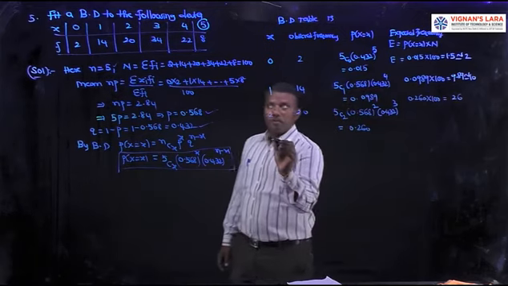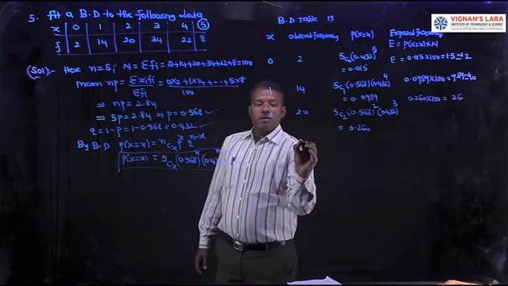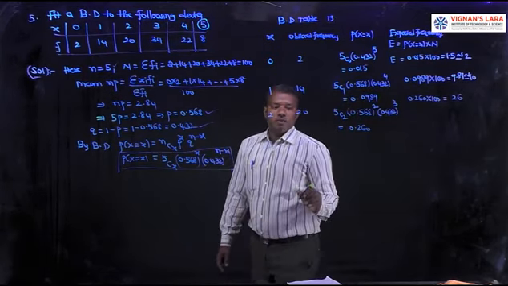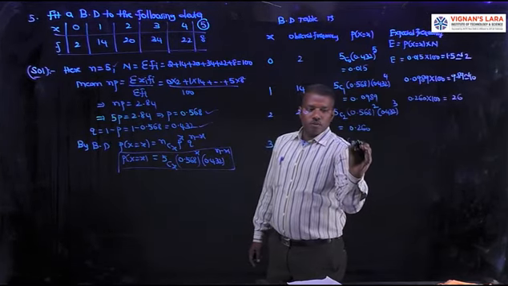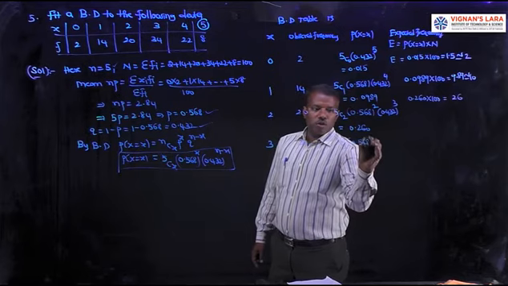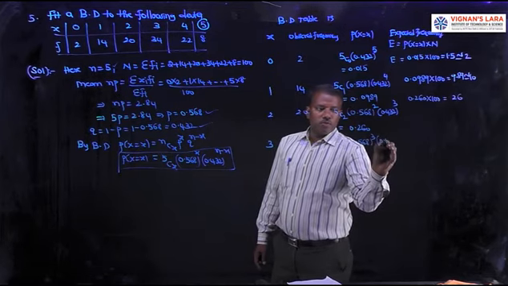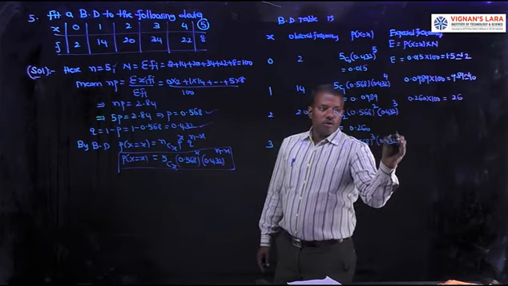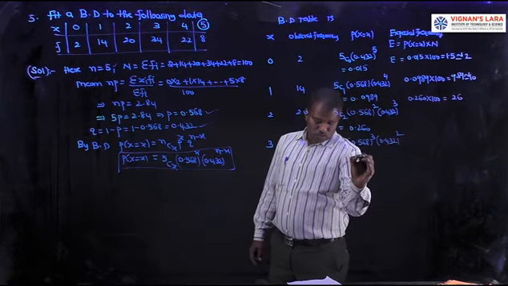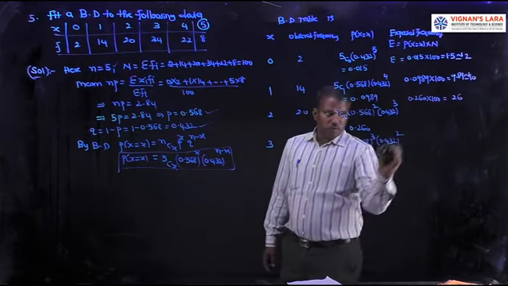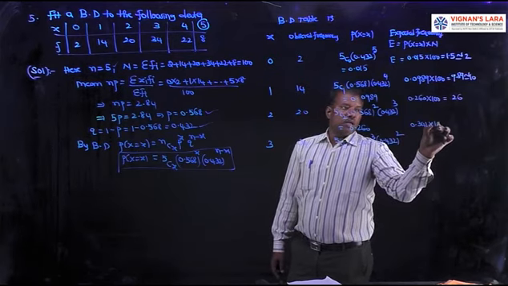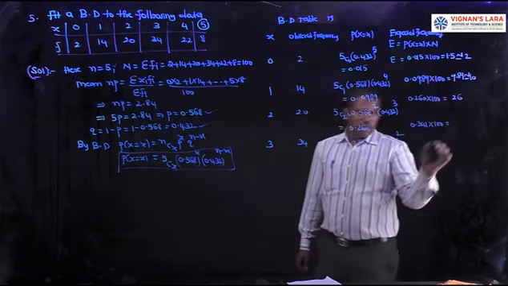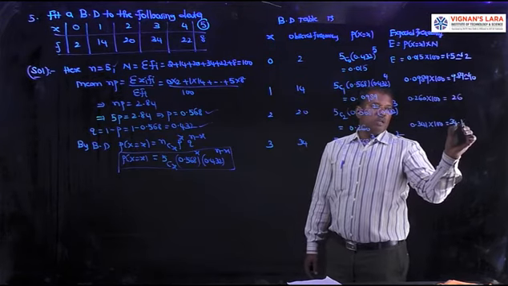Next, 3. Observed frequency 34. Probability 5C3, 0.568 whole cube, 0.432 whole square. Its value is 0.341. Expected frequency 0.341 into 100, that equals 34.1, approximately 34.